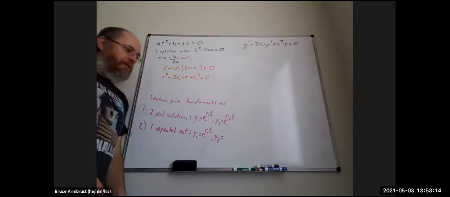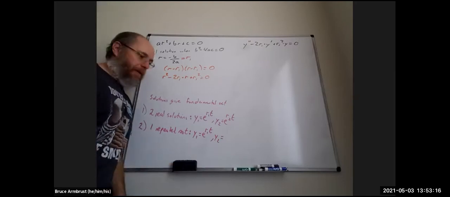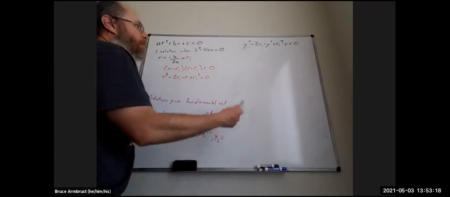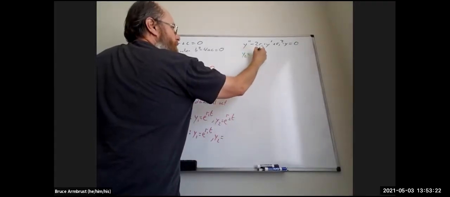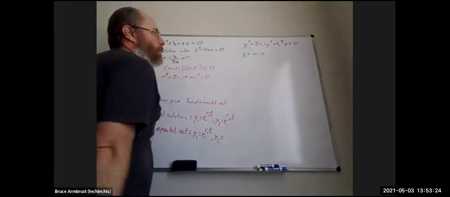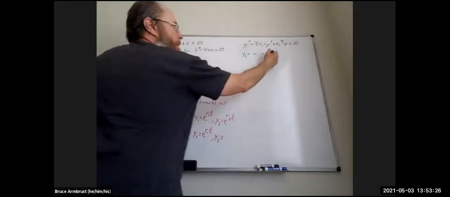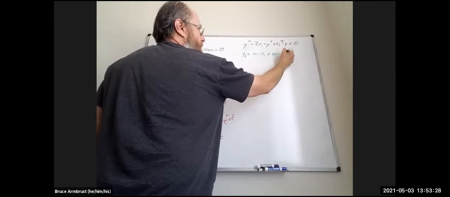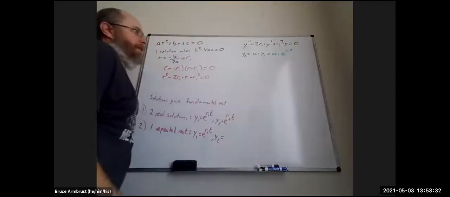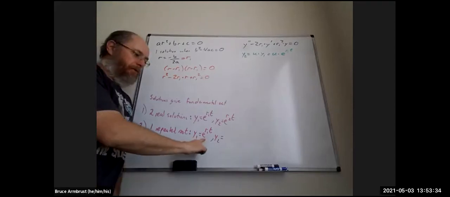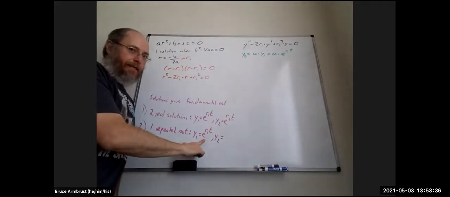Okay, so now we're going to play the same trick that we've always played. We're going to look for a y2 that's going to equal u times y1, which in this case is going to be u times e to the r1t, because we already know we're going to get that e to the r1t.